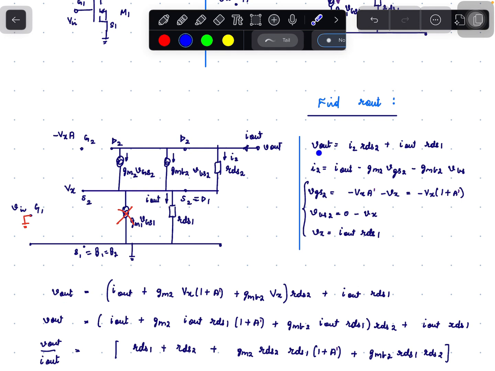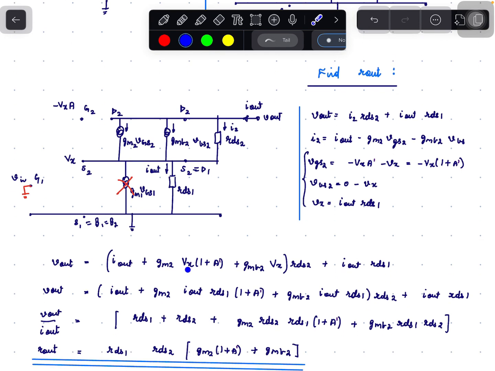Taking the equation V out equals I2 RDS2 plus I out RDS1, and substituting the I2 value which we obtained, we get V out equals I out plus GM2 Vx times 1 plus A dash plus GMB2 Vx, times RDS2, plus I out RDS1.